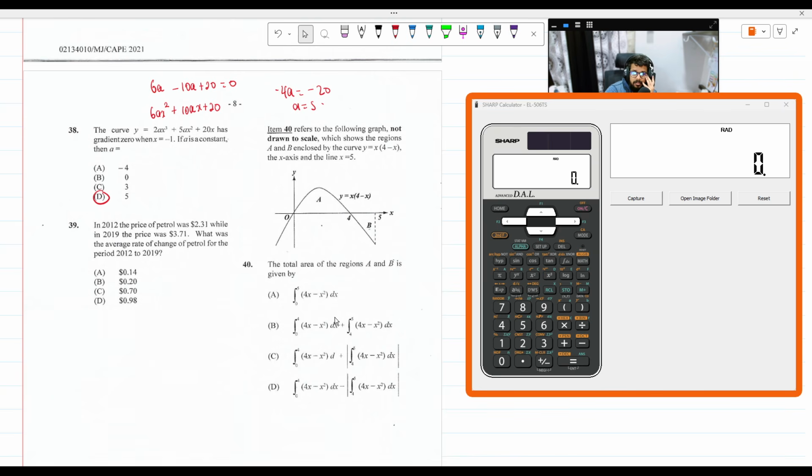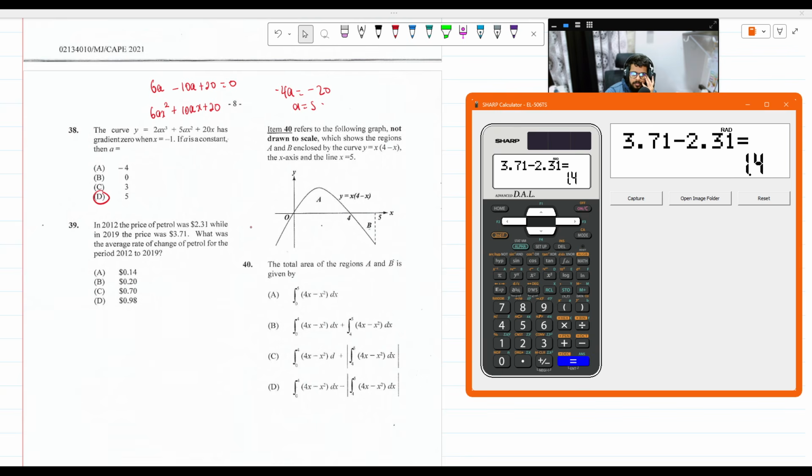I go 3.71 take away $2.31, 3.71 take away 2.31 is 1.4.